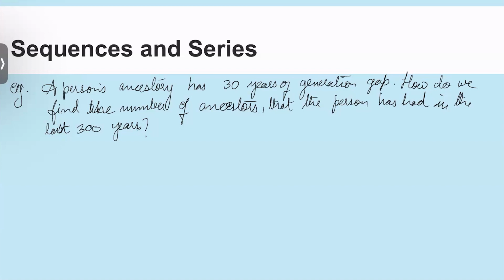Okay, so how many generations would this person have had in the past 300 years, if every generation has a gap of 30 years between them?